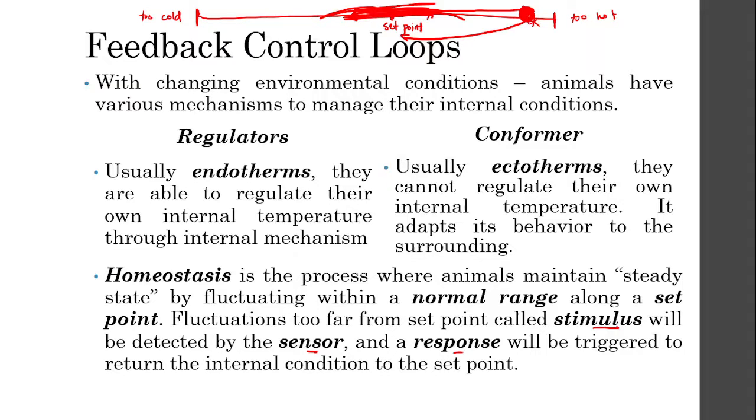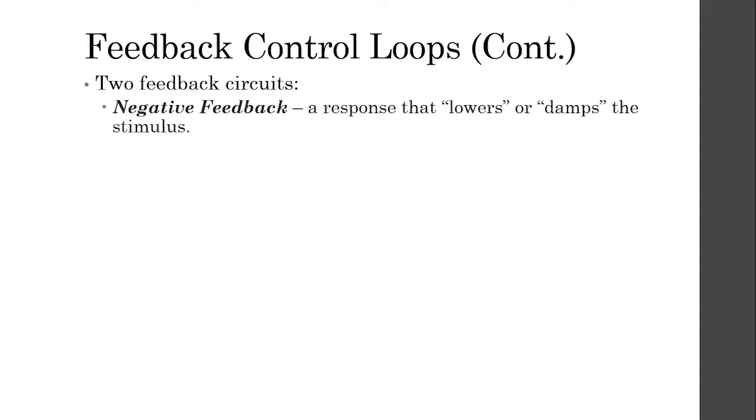And in our body, there are actually two circuit systems happening. The first one is called the negative feedback loop, which is the most common one when we talk about feedback control loops, in which the response of the body is to lower or dampen the stimulus. Another feedback that we have is what we call positive feedback, which is a response of our body that amplifies the stimulus.